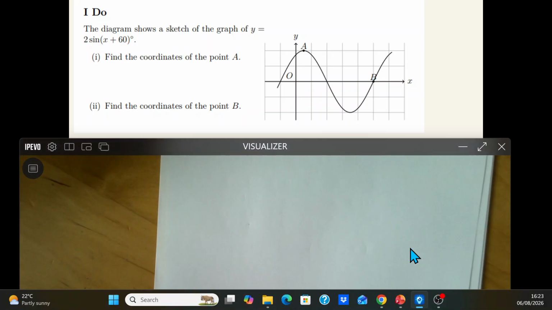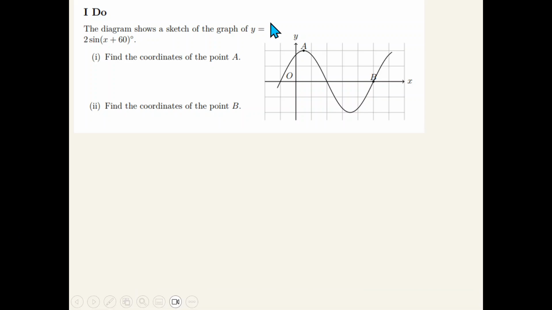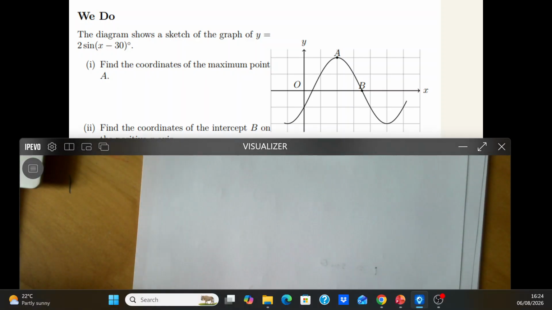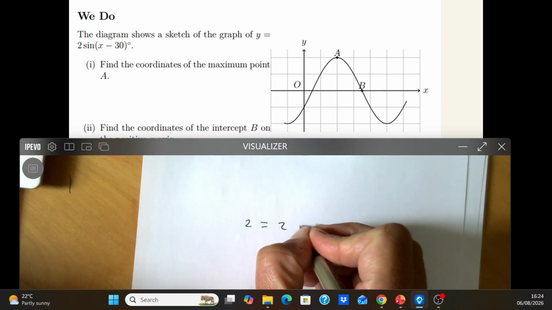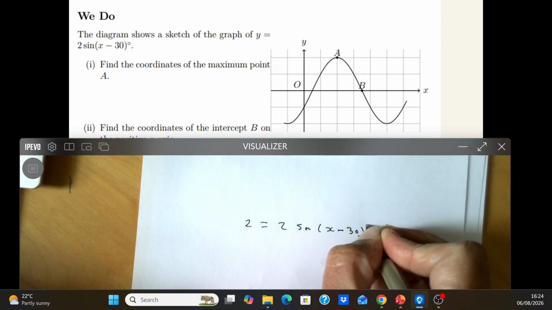That's the one you've done. Now let's try and do one together. So, what did we say to help for the first bit? Well, where is the maximum? The maximum is at 2, so 2 must equal 2 sine (x minus 30). You've had a go.